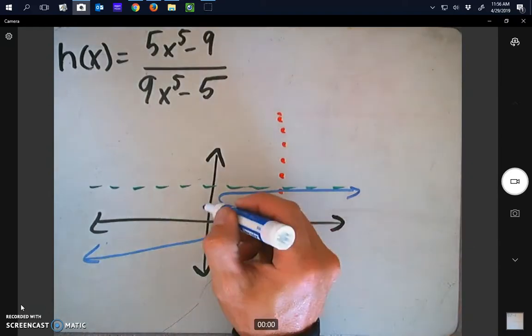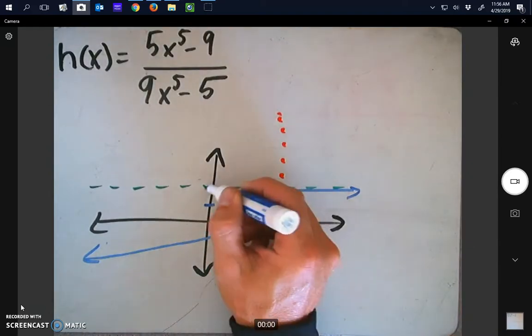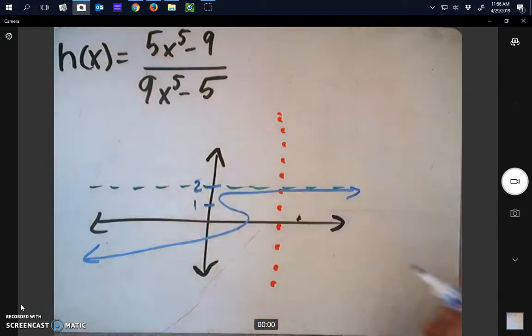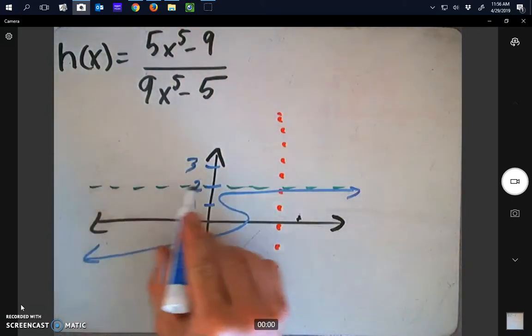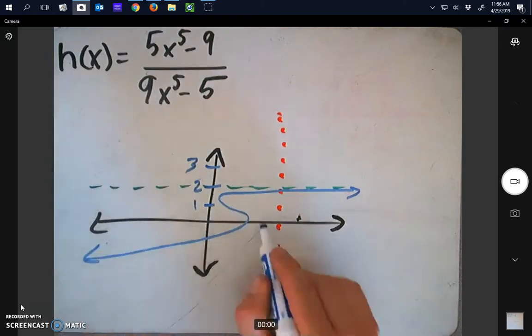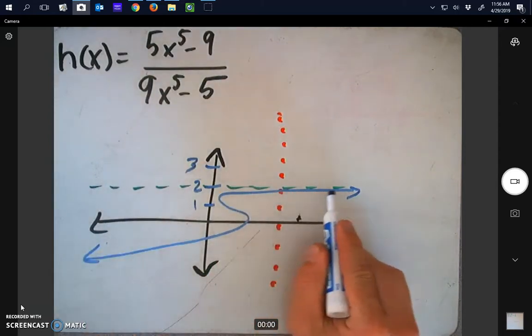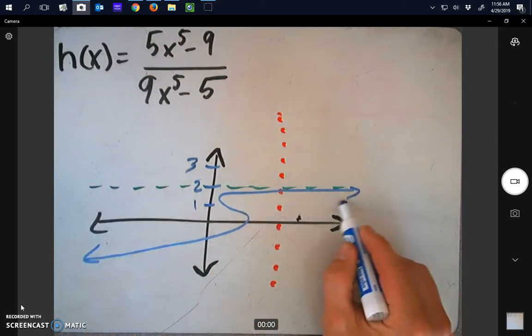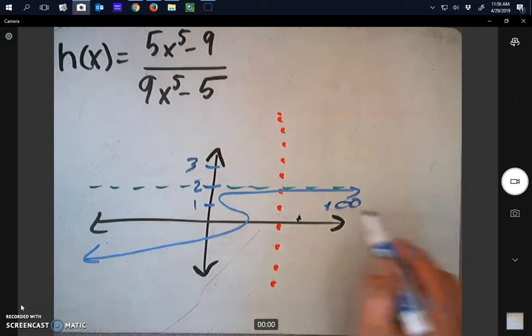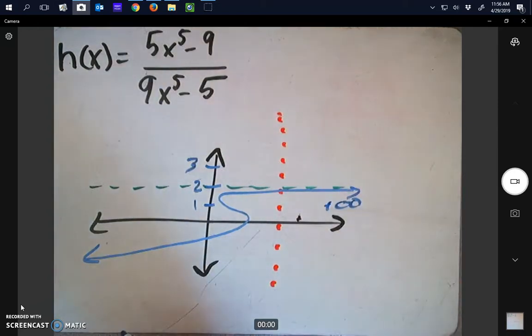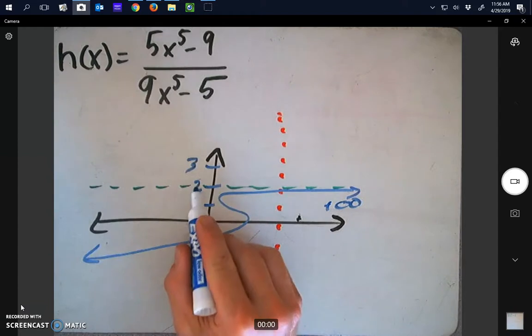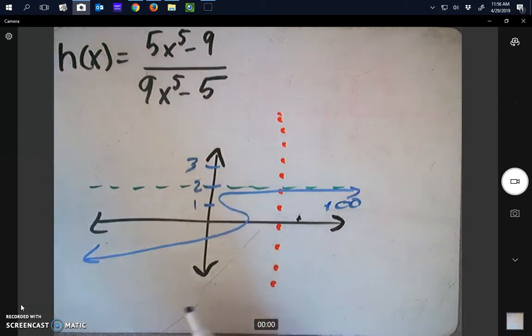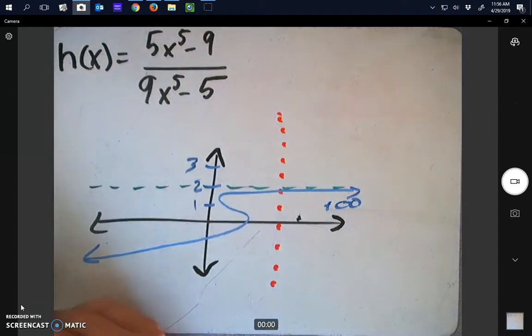Now let's label this: we have 1, 2, 3. So at 2 is our horizontal asymptote. What that means is that our graph will get closer and closer to it as x approaches positive infinity, but it will never cross over that line. So we have a horizontal asymptote at 2 in this potential graph.